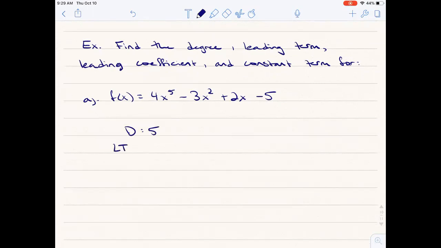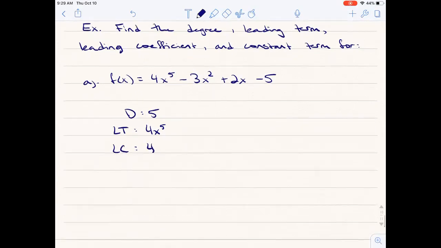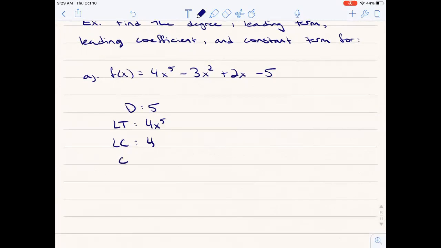The leading term is the whole thing, right? The whole shebang, 4x to the power of 5. The leading coefficient is the coefficient of x to the power of 5, which is 4. And the constant term is negative 5.